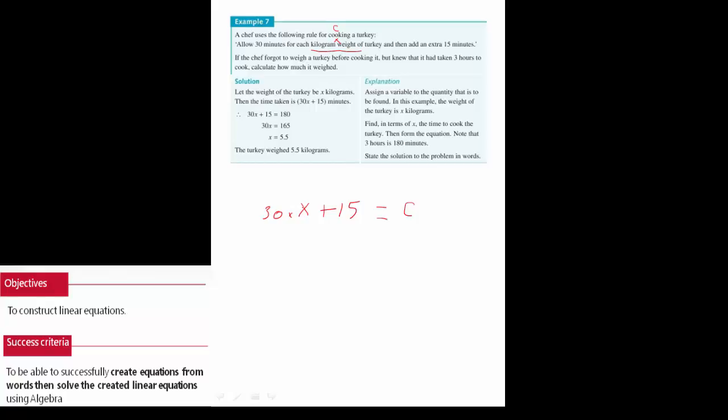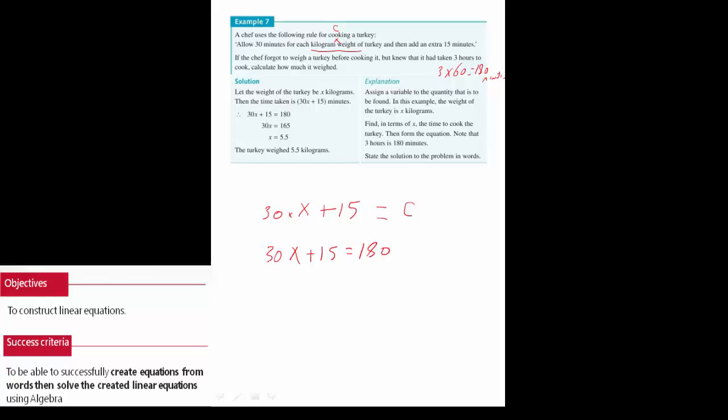So if the chef forgot, but he knew that it took 3 hours. Now the 3 hours here, 3 times 60 equals 180 minutes. So let's use this. We don't know how many kilograms we've got. 30x plus 15 equals 180.